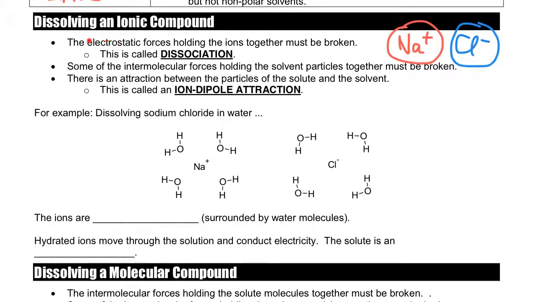This is called an electrostatic attraction or electrostatic force. It's the attraction between positive and negative charges. When you break that, that's called dissociation. That force needs to be overcome in order for salt to dissolve in water.